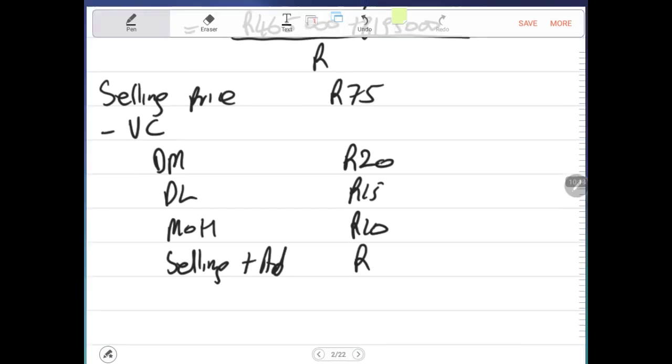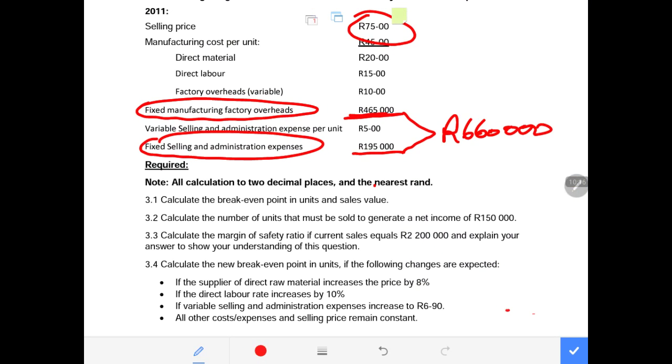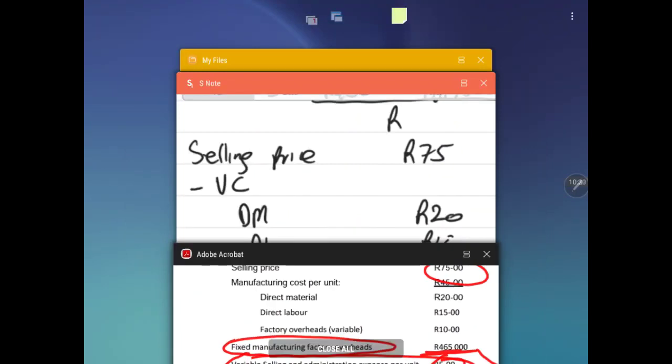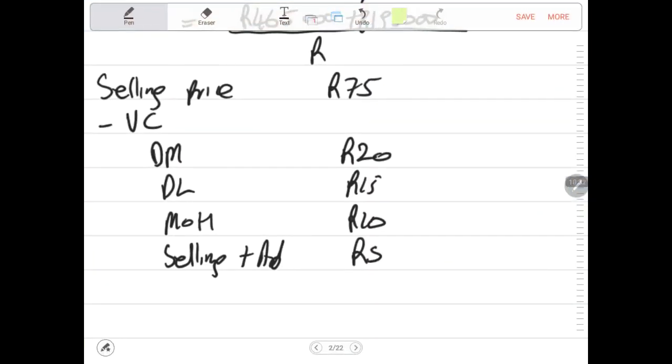We are only looking for all the variable cost in order to get to the contribution per unit. Our variable selling and administration expense per unit was 5 rand. So the total of these three was 45 rand, plus this 5 rand, gives a variable cost per unit of 50 rand.